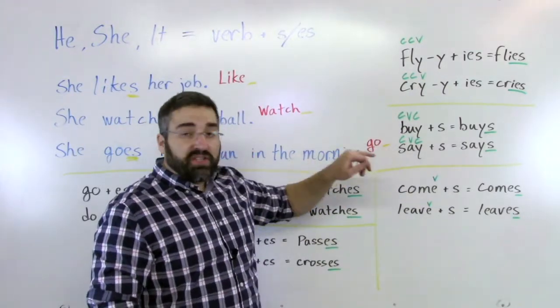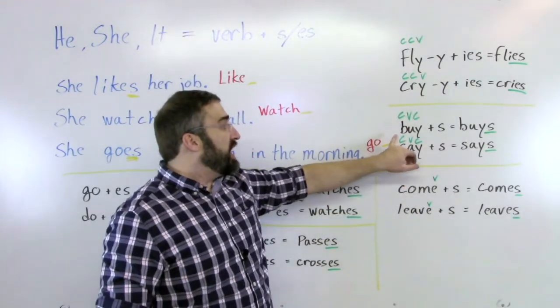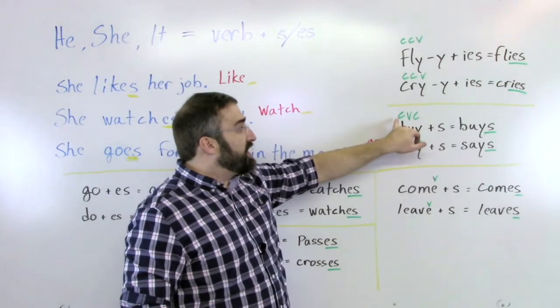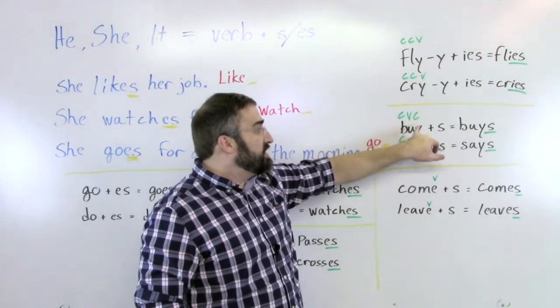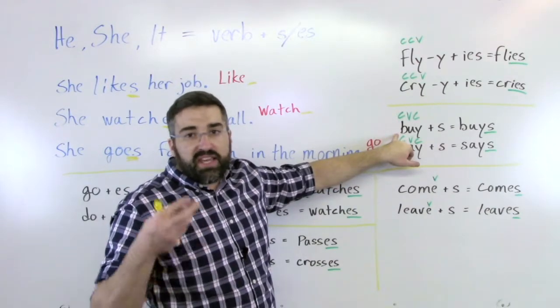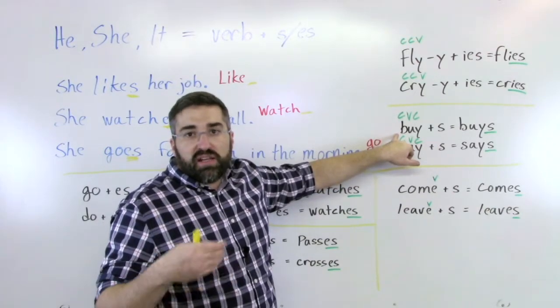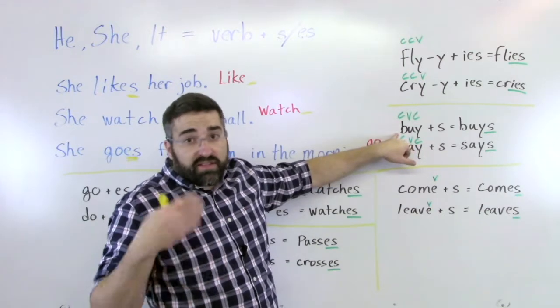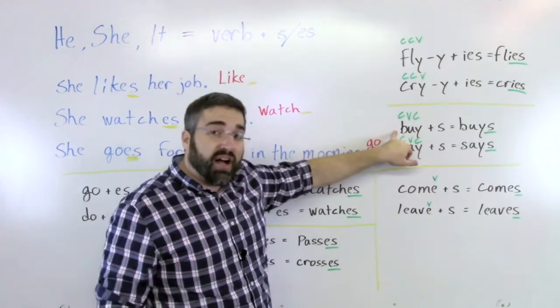The next that we can look at here is with Y. Okay, so if we have a consonant, vowel, consonant. Consonants are B, C, D, F, G, H, J, etc. All of our consonants.